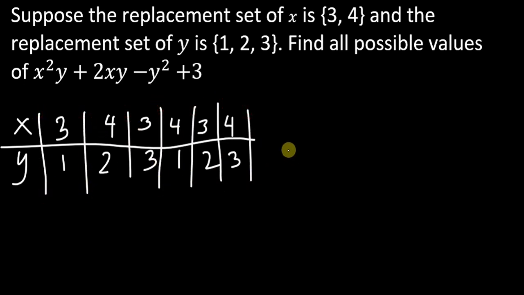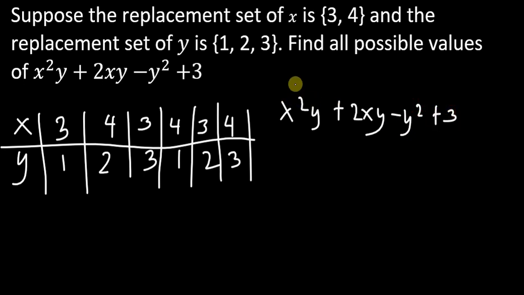Unahin na natin yung 3 sa kawan. So, that is x squared y plus 2xy minus y square plus 3. Ito ay kapag 3 sa kawan.